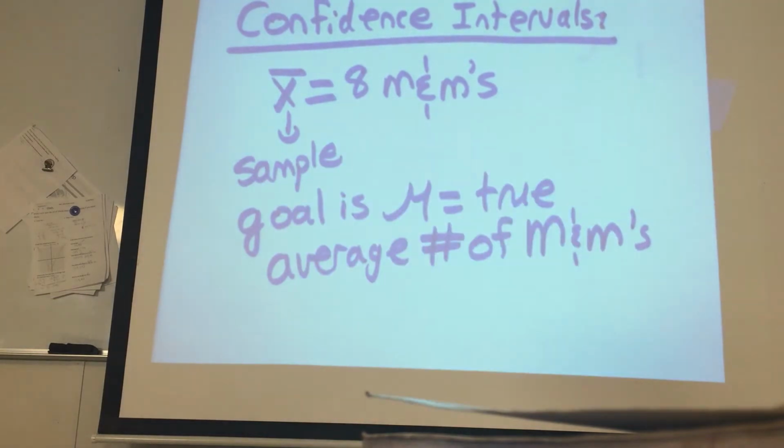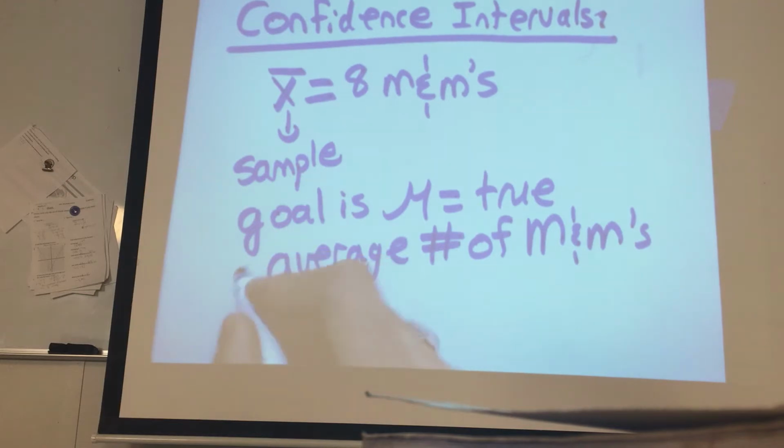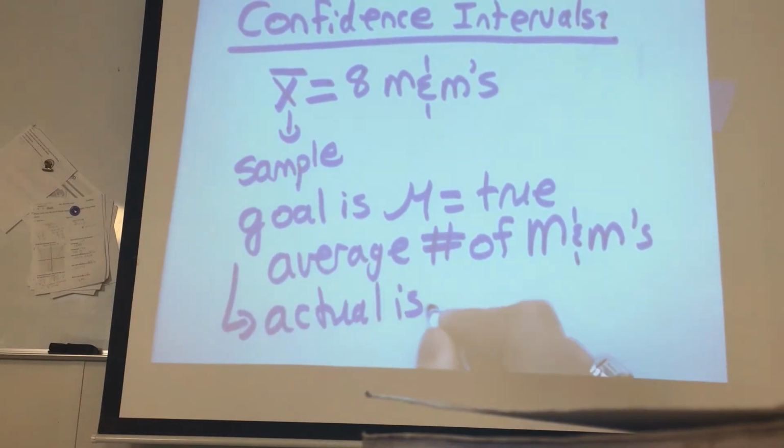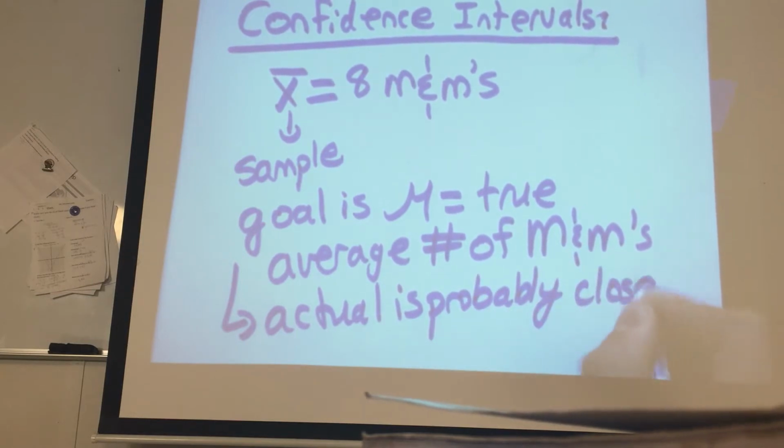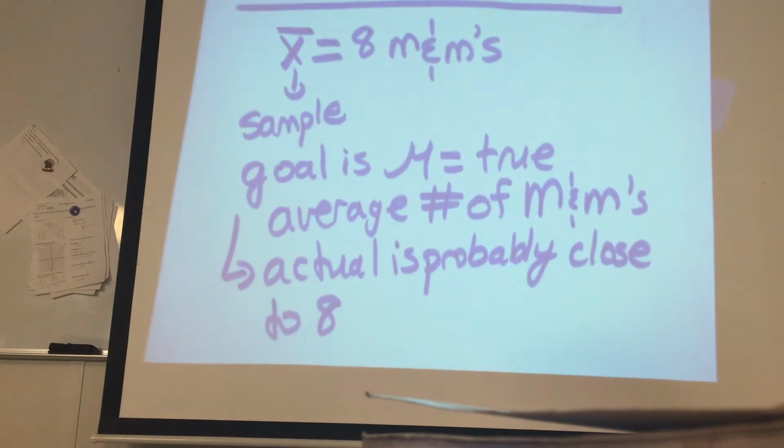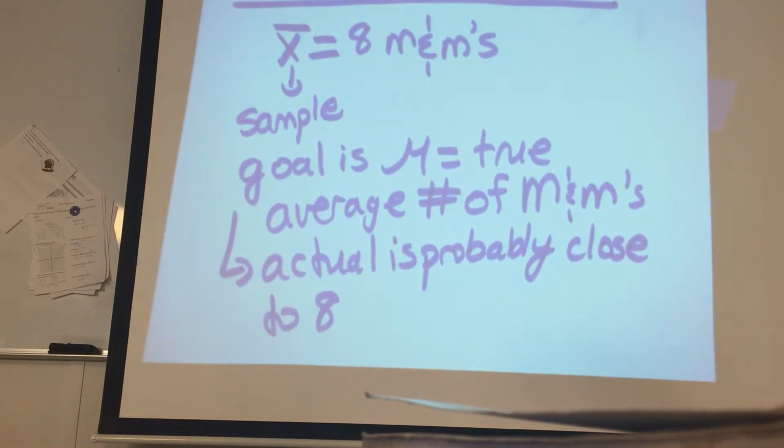So we found, in our sample, there are 8 M&Ms. We want to know what is the actual amount. So what do we know? Well, we know that the actual is probably close to 8. And it's probably something close to 8. The question is, what is it?